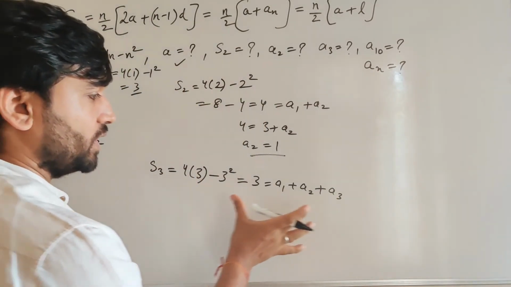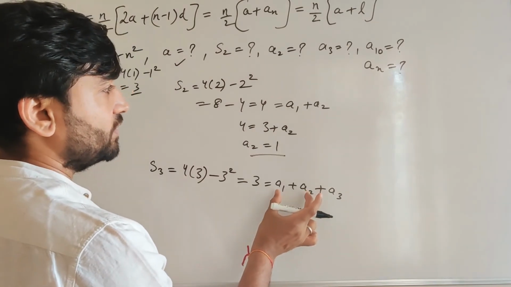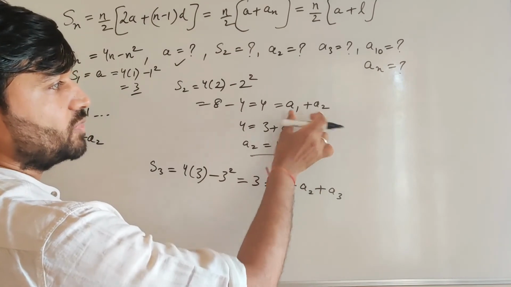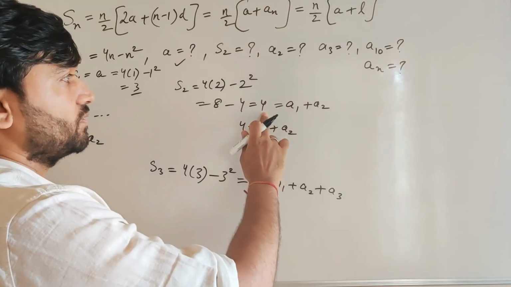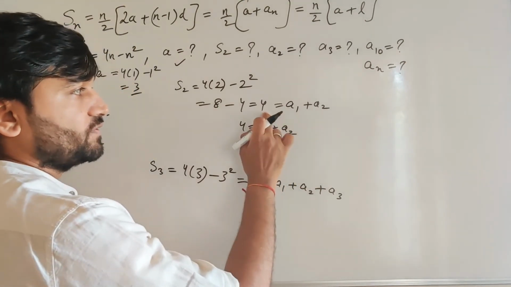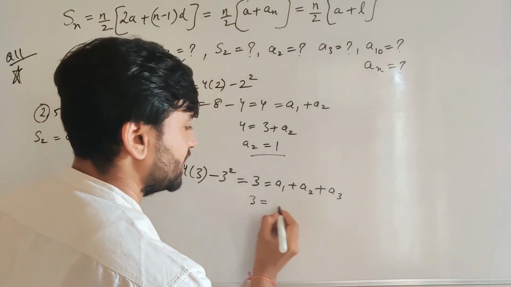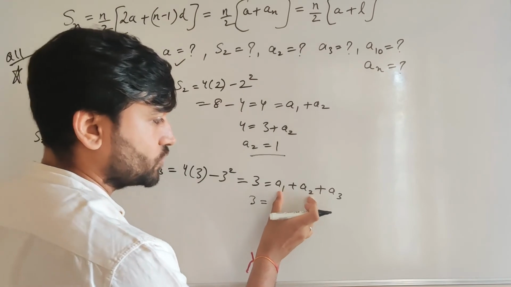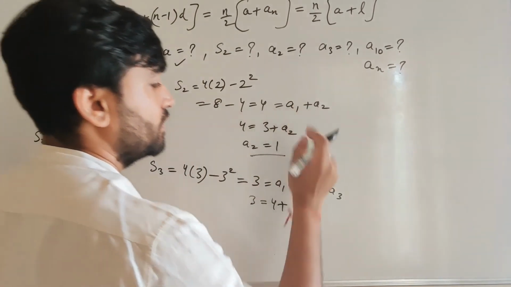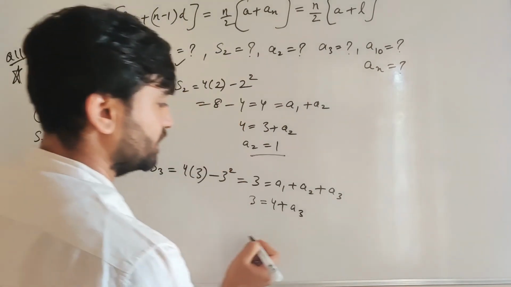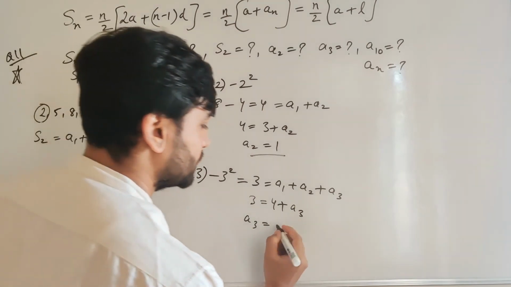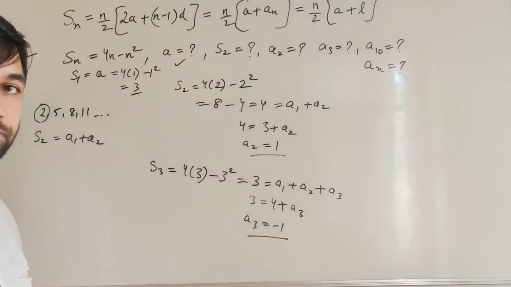Now, in this equation, A1 plus A2, the sum of the first 2 terms, is 4, S2. So I'll substitute for A1 plus A2 as 4. So I'll get 3 as 4, which we've already found, plus A3. So I'll get A3 as 3 minus 4, which is minus 1.